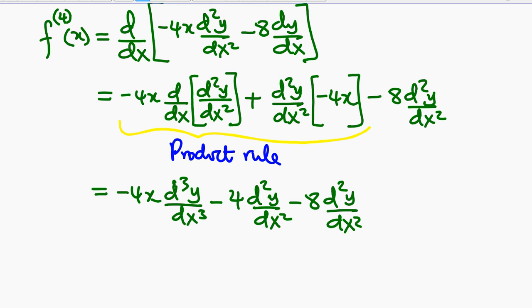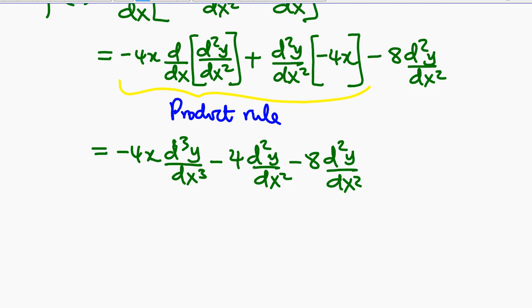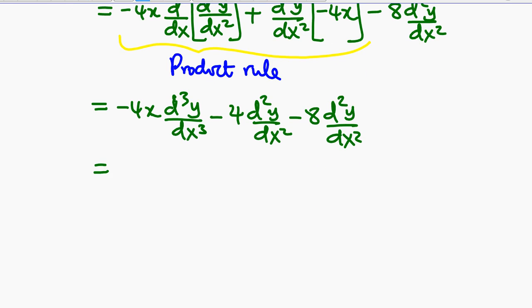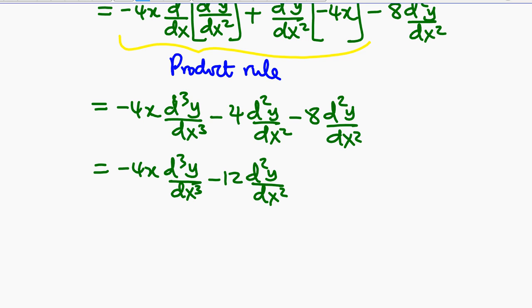Now you have to be careful with this, guys, because you are dealing with different variables and different order of derivatives. So what you will end up with here is negative 4x d3y over dx3 minus 12 d2y over dx2. All right, so this is the fourth derivative.